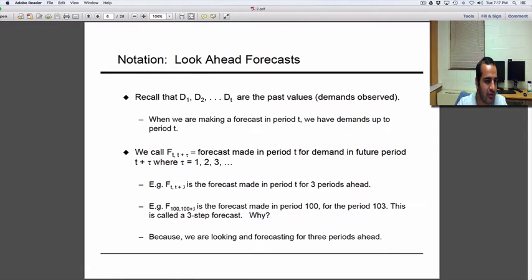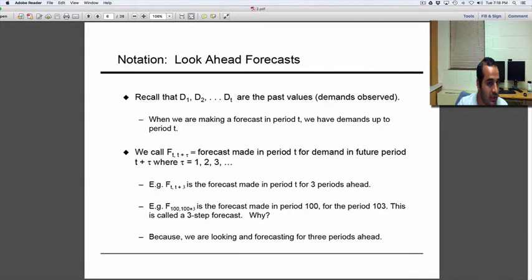Let's look at the notation for our forecast. This notation is usually not so obvious if you have not seen it before. Remember that we denoted past demands as D1, D2, D3, and up to DT, which are the past values of the demand. We're interested in making a forecast in period T for a future period.